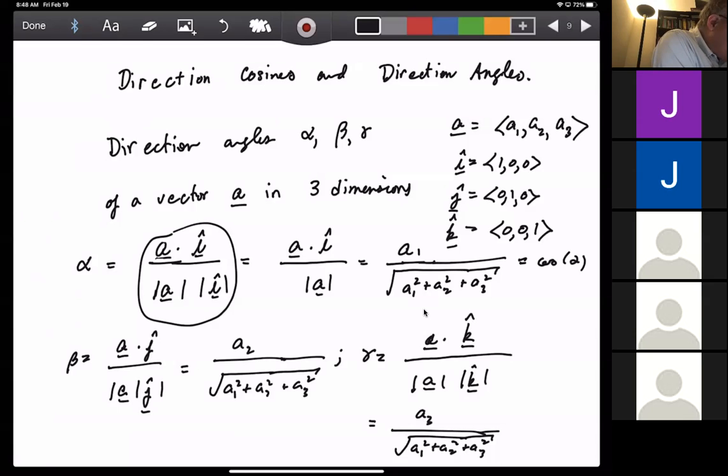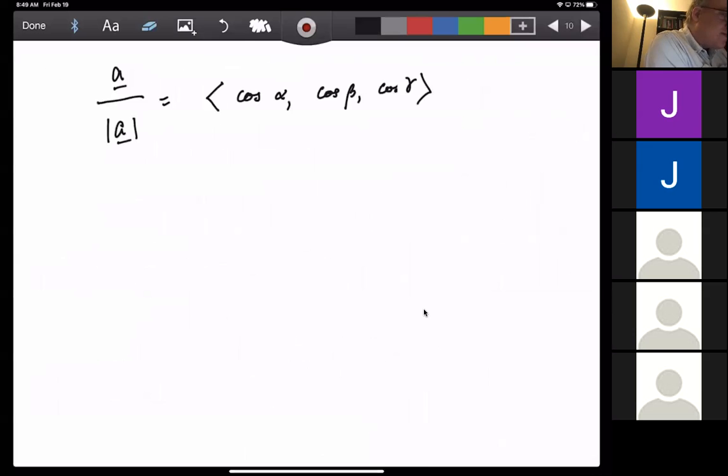Sorry, I should have put the cosines in here. Sorry about that. Okay, so make sure you fix that typo. So this gets your hands on the cosines of the direction angles, from which, of course, you can use the arc cosine function to get the angles out.